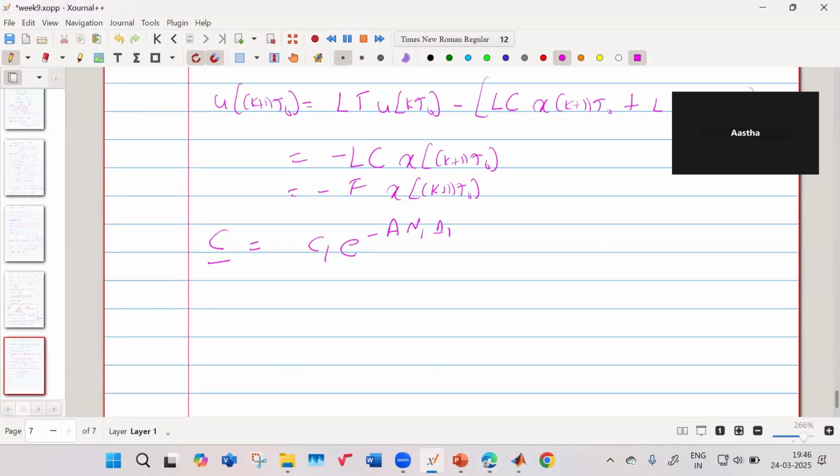In our case, it will be 1 row, 2 columns, 2 row, 2 columns. The first row of this will be 1 row into 2 columns. The next row will again be 1 row into 2 columns. With that, we are getting a C bar matrix to be 7 plus 2, because it is N bar. It's N1 plus N. This 2 is N. C bar equal to N bar plus N.